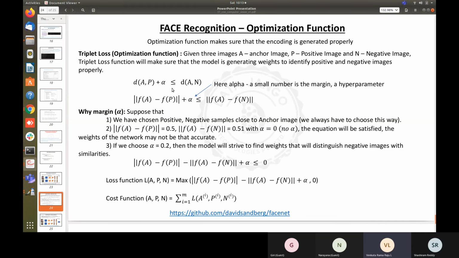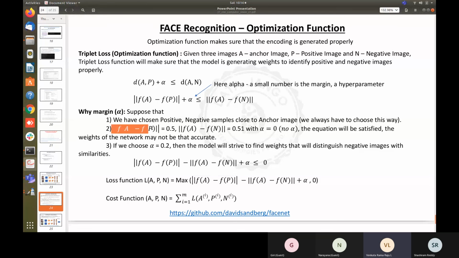That's where, to make the model more stringent, we actually have to take some hand picked samples which will be kind of close looking, and then train the model so that the model learns very well. Suppose we have chosen positive and negative samples close to the anchor image, twins.